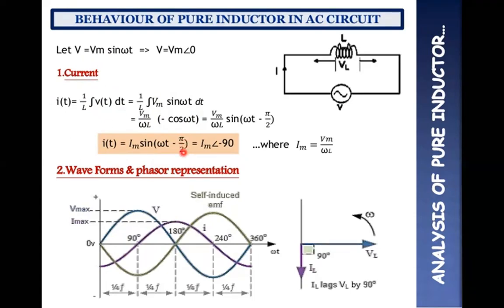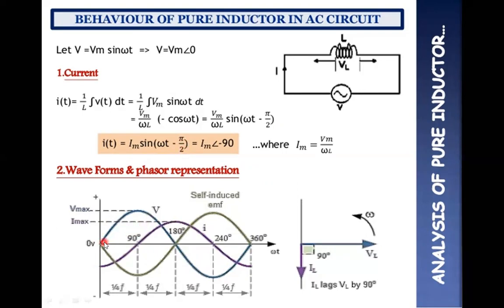Now if you see the waveforms and phasor representation, this is the current and this is the voltage. With respect to voltage and current, as per the equation I equals I max sin omega t minus pi by 2, the current is lagging the voltage by 90 degrees.